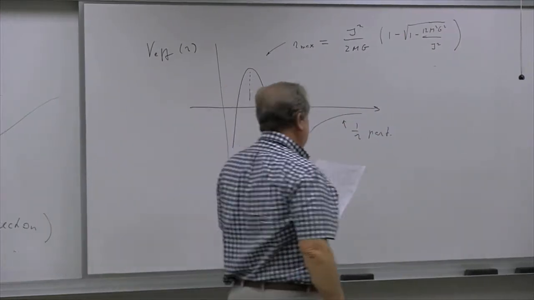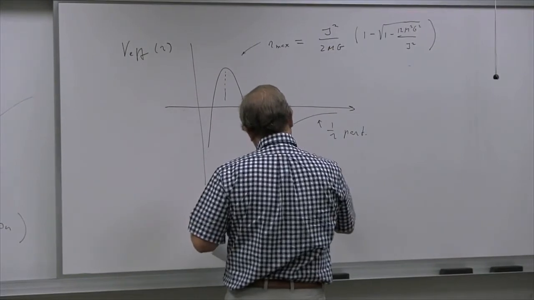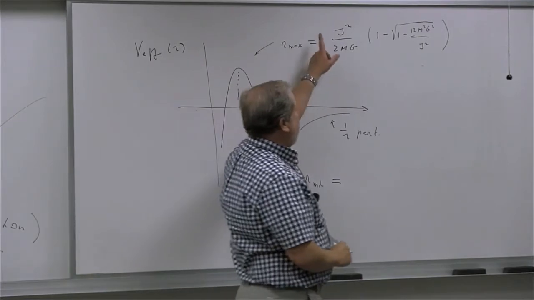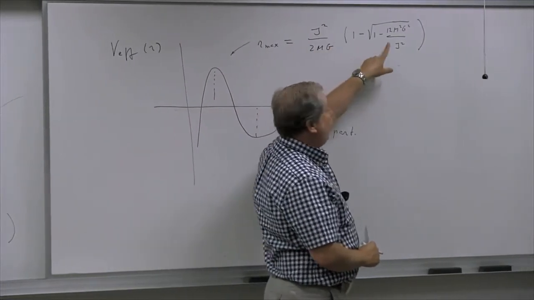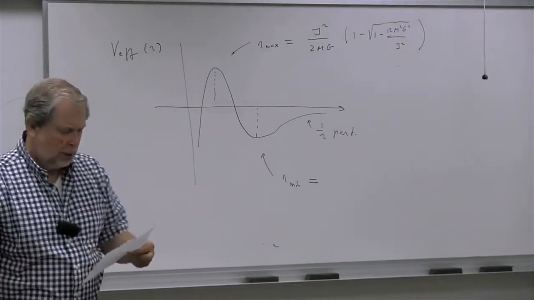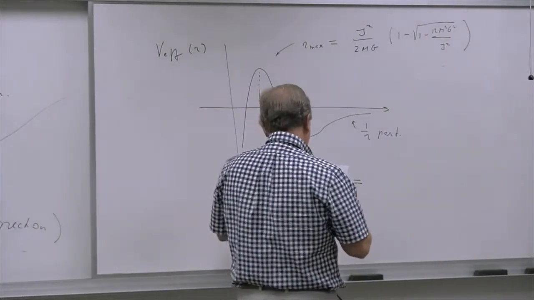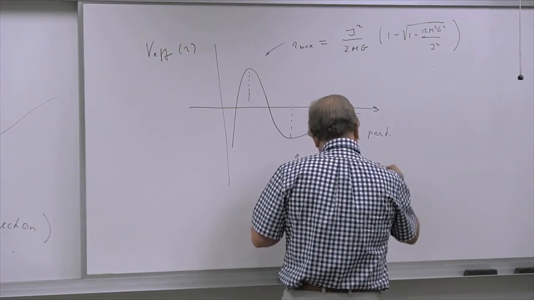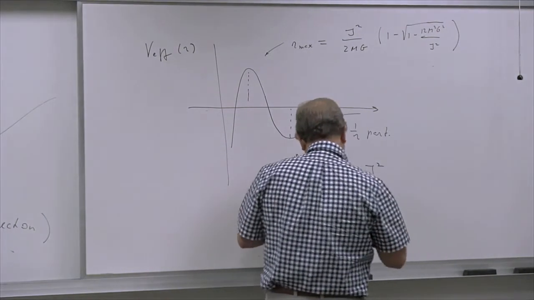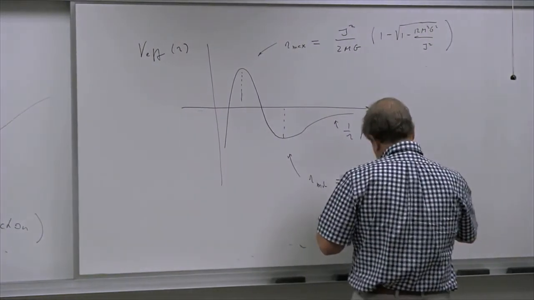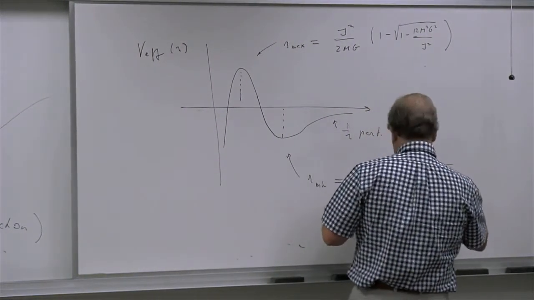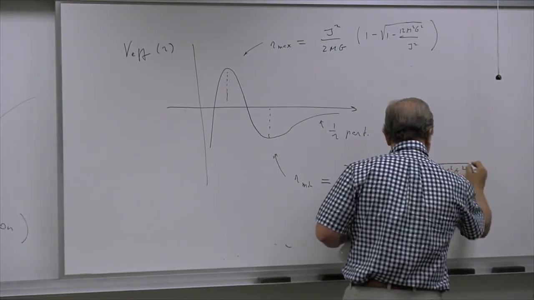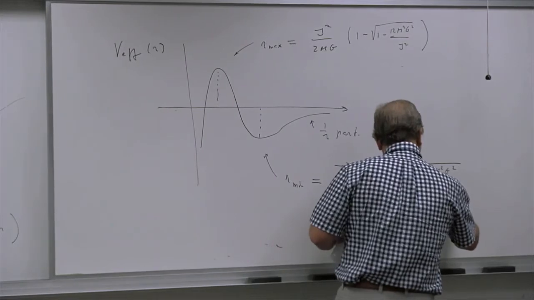And this r min here, again as a function of the angular momentum, of the j squared, and the mass of the body that is at the origin, is equal to j squared divided by 2mg times 1 plus the square root of 1 minus 12 m squared g squared divided by j squared.